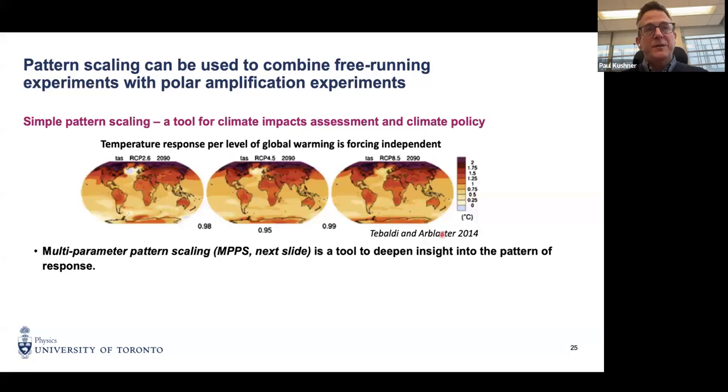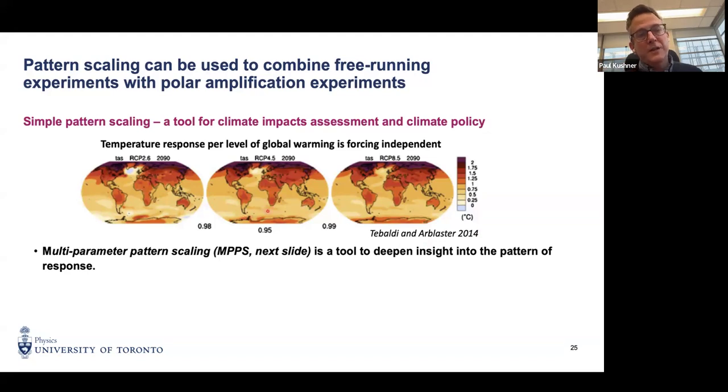One nice demonstration of this, from Claudia Tebaldi and Julia Arblaster, comes from comparing the pattern of response under different forcing scenarios per level of global warming. You can see that there's a robust pattern of response, not just in terms of land-sea contrast, kind of independent of the nature of the forcing and some of the timing. There are differences, of course, but there's a lot to be learned from those differences.